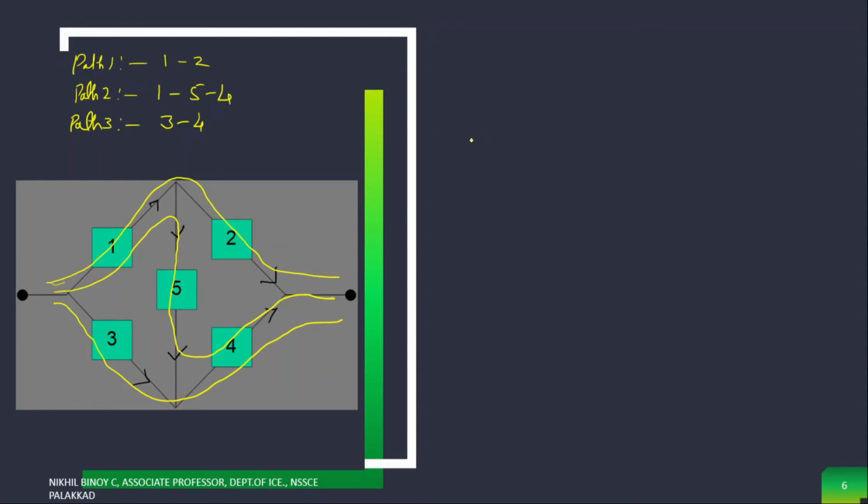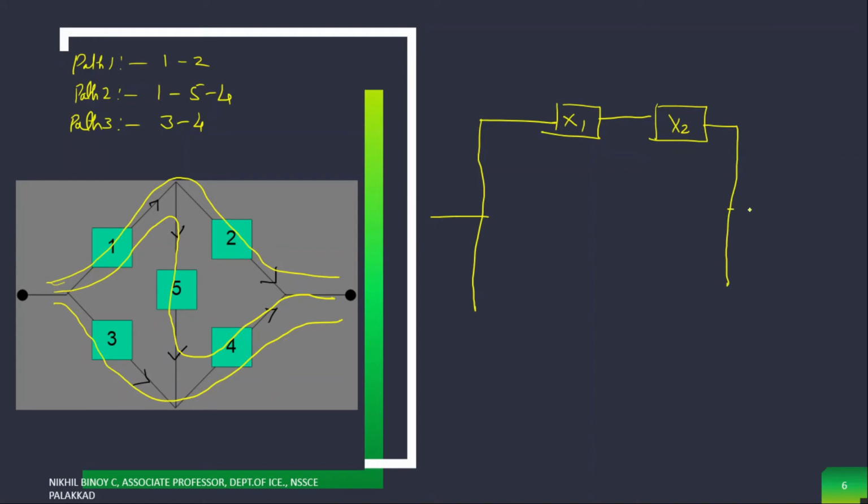Okay. So in this case the modified reliability block diagram is x1, that is the probability of the survival event of the first element. Then x2, the survival event of the second element. Okay. Now the second path is 1, survival event is x1, then 5, survival event is x5, then 4, survival event is x4.